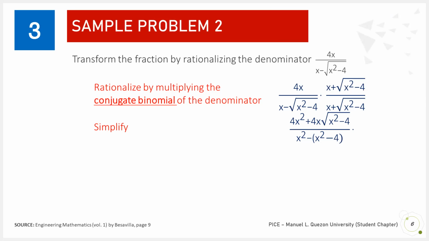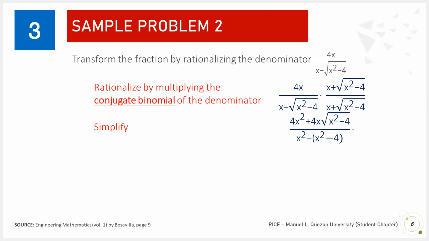And then the next part is we multiply the second term of our denominator doon sa second term ng ating conjugate binomial. So negative square root of x squared minus 4 multiplied by positive square root of x squared minus 4, we have negative of the quantity x squared minus 4.